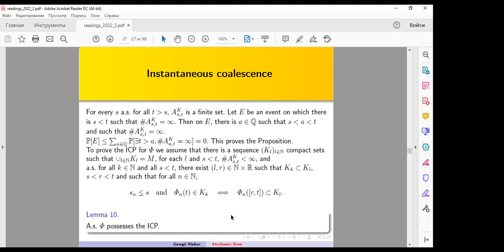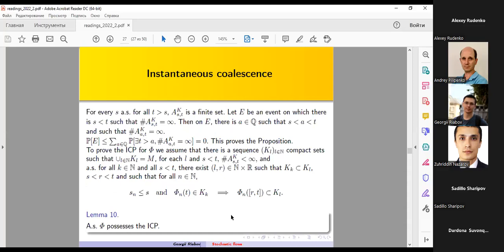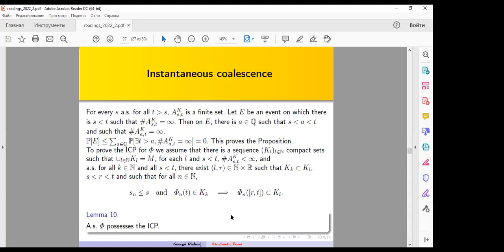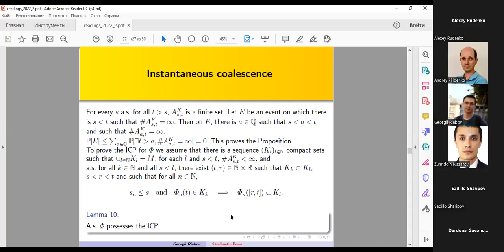And if the space M is compact, this already proves the ICP, but in the locally compact setting, we need one more assumption. It looks like this.